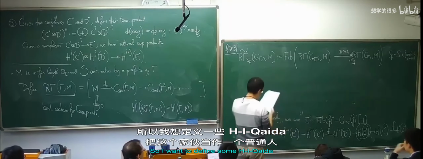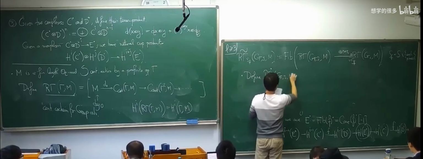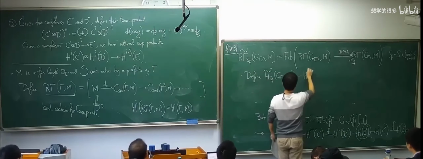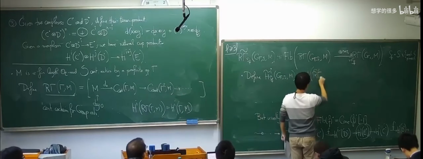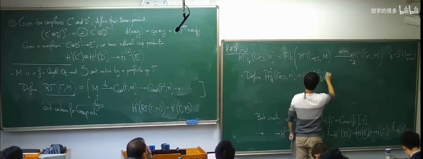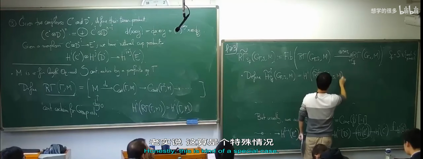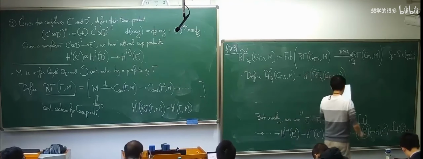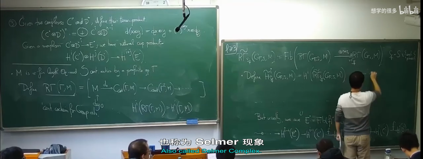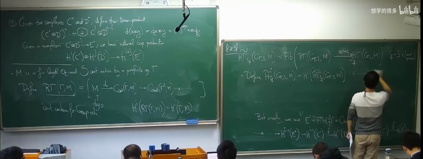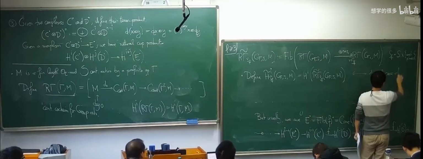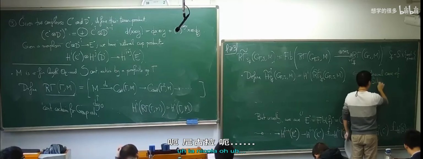So I want to define H^i, theta, to be just the cohomology of this guy. I want to say this is a special case of the so-called Selmer complex, a la Nekovar.